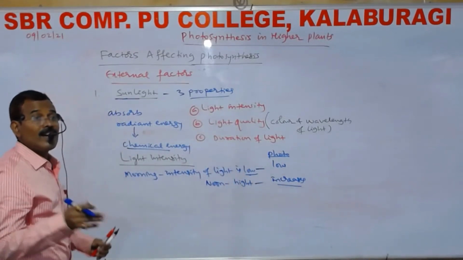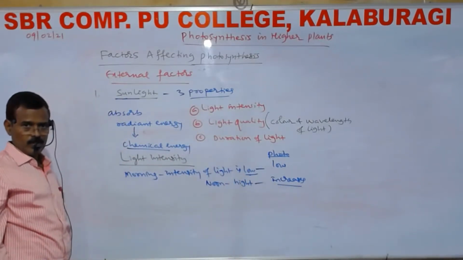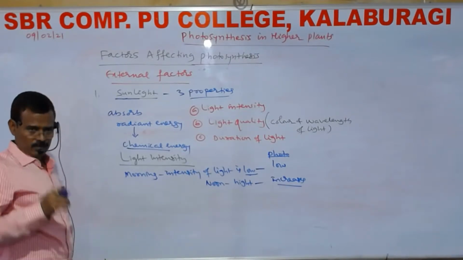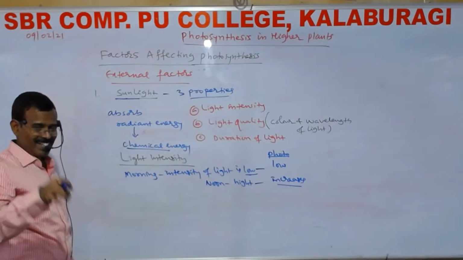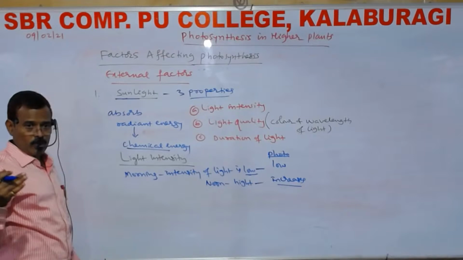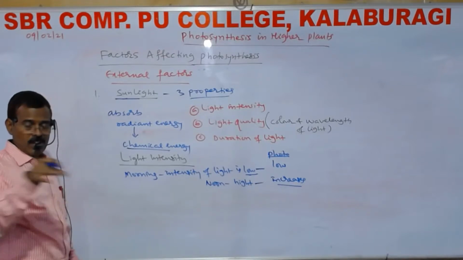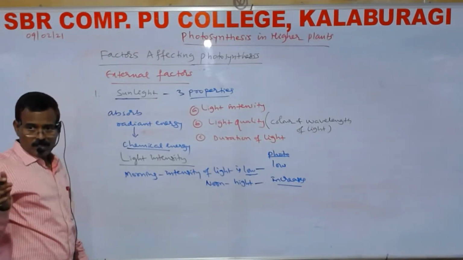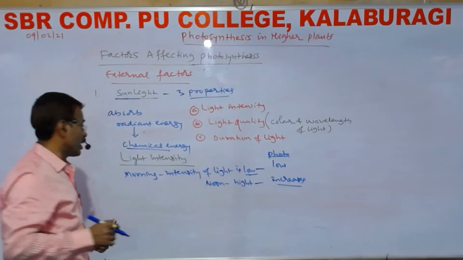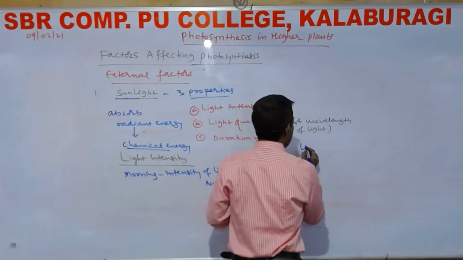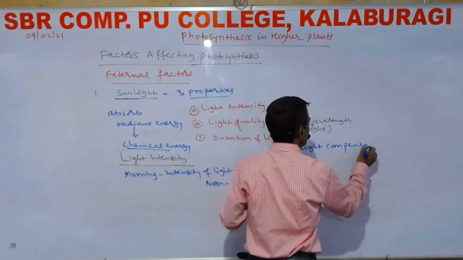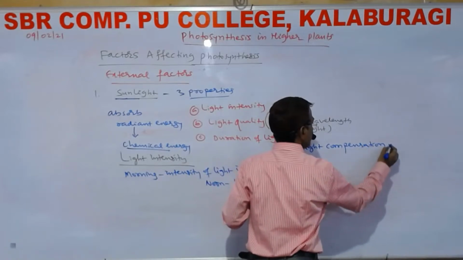The point of light intensity at which the exchange of gases between the plant and the surrounding environment becomes equal, we usually call the light compensation point.